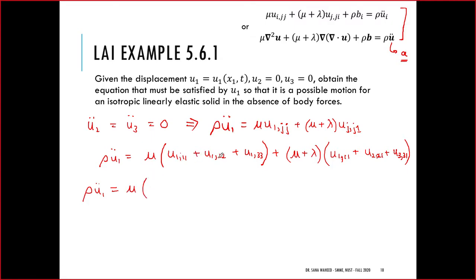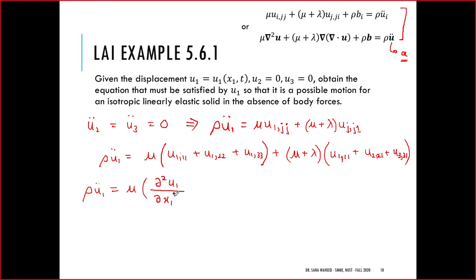So first of all, मैं एक दो लिखती हूँ, उसी से हमें समझ आनी शुरू हो जाएगी. ये u1 comma 1 1 means it's the del, it's दो के लिहाज से हो रहा है. So it's the double derivative of u1 with respect to just the one x.